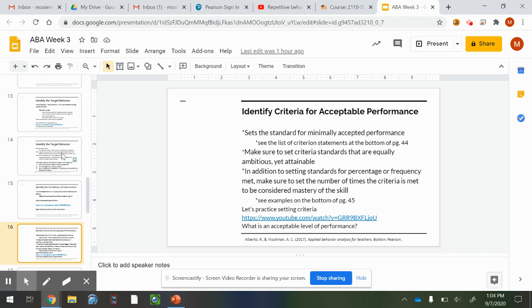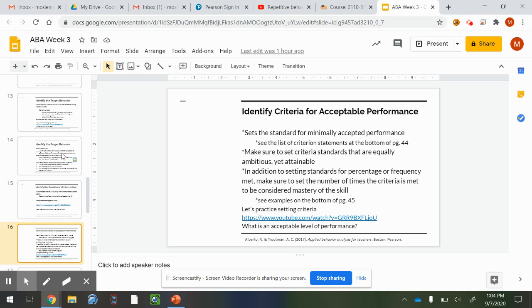We don't want to set a criteria that's too easy, that the student's going to be able to achieve it within a matter of weeks, yet we also don't want to make it so difficult for them to achieve that they may likely never achieve it. So you also have to think about the time frame in which you want them to achieve that. We'll work more on that as we talk through goals a few more weeks into the class.